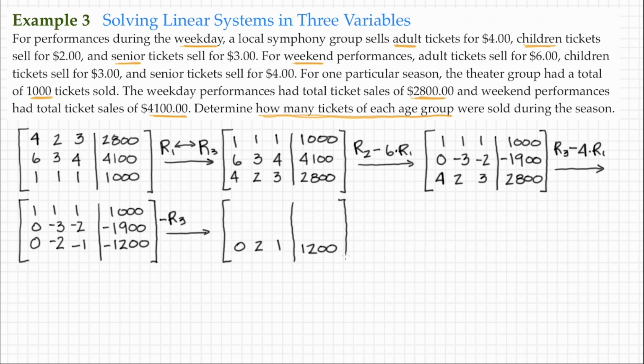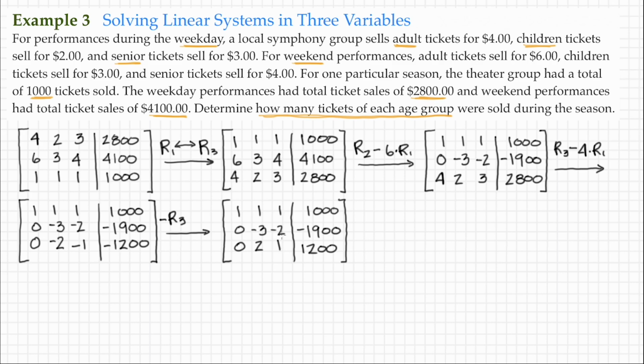Close off our bracket and fill in the rest. 1, 1, 1, and 1,000. 0, negative 3, and negative 2, and negative 1,900.